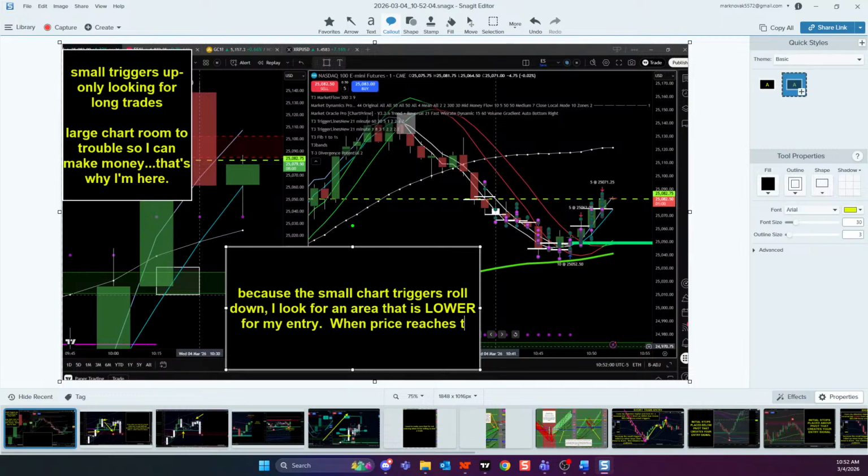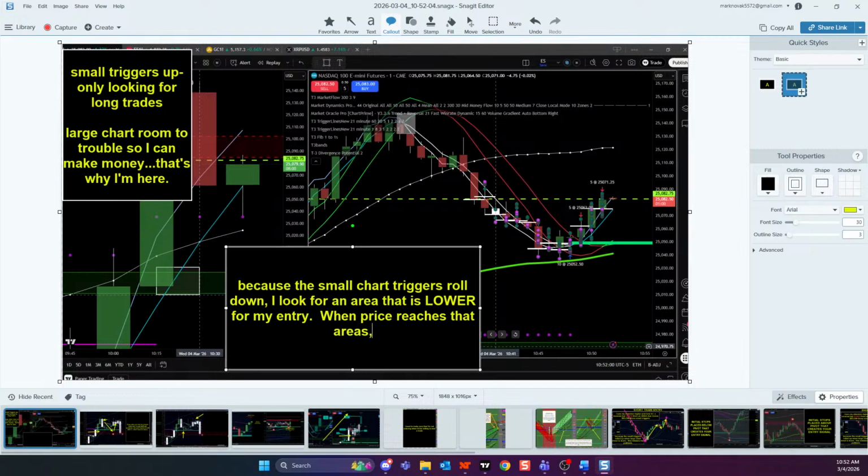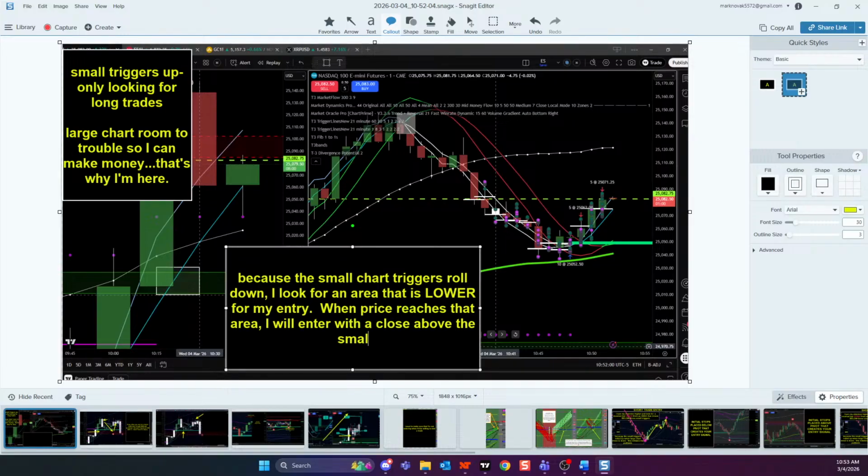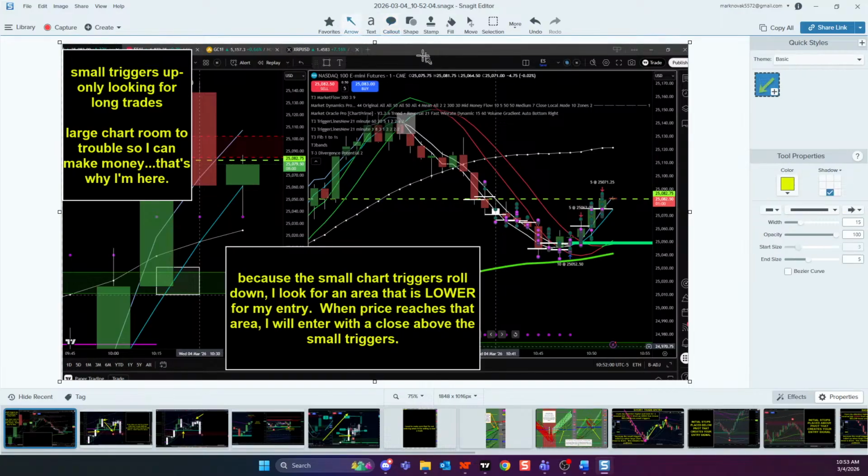When price reaches that area, I will enter with a close above the small triggers. So what we're looking at, OG, is the fight on the small chart that says, come on, the trend is up.